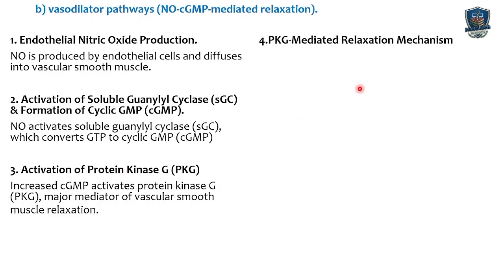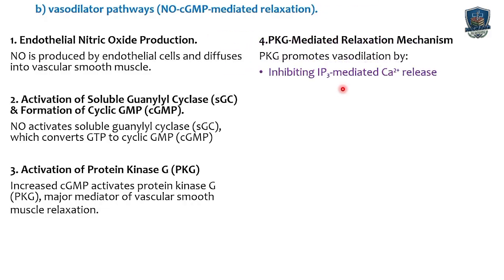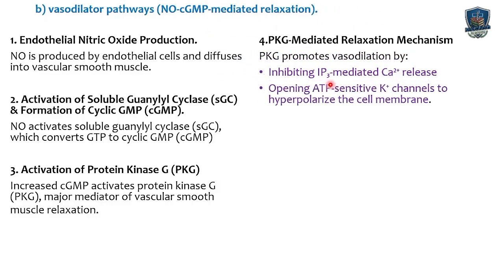So what happens? The PKG mediated relaxation mechanism. PKG promotes vasodilation by, number 1, inhibiting IP3 mediated calcium release. It will stop IP3 from promoting calcium release from the sarcoplasmic reticulum. Number 2, not only that, it will open ATP sensitive potassium channels to hyperpolarize the cell.